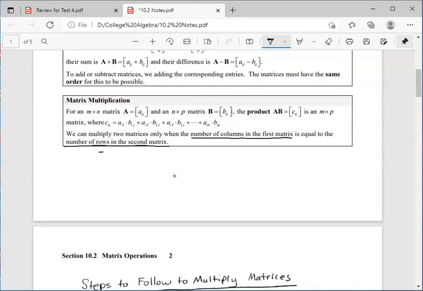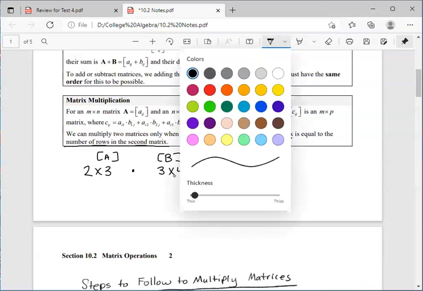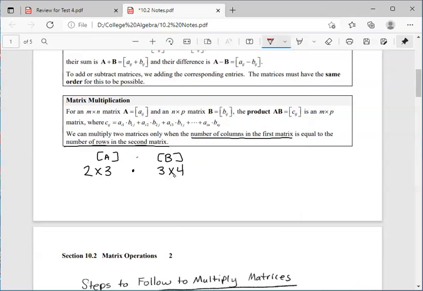If I'm talking about 2 matrices, and let's say this is matrix A, this is matrix B. If I want to multiply a matrix that is a 2x3, and I'm going to put a dot for multiplication so it's not confused with this times right here, and I say I want to multiply it by something that is a 3x4, that is doable because the columns and the rows are the same.